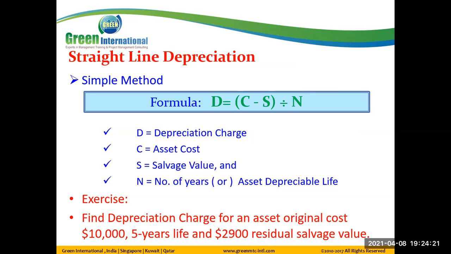Based on that, the salvage value will be determined. There is another one called the scrap value. Scrap value means that after the life period of that asset, equipment or machine, it cannot be used at all. I'm just going to make it a scrap, so that has a scrap value.